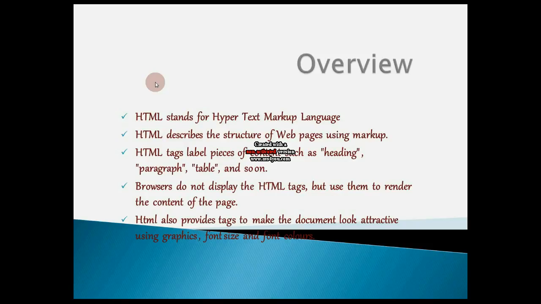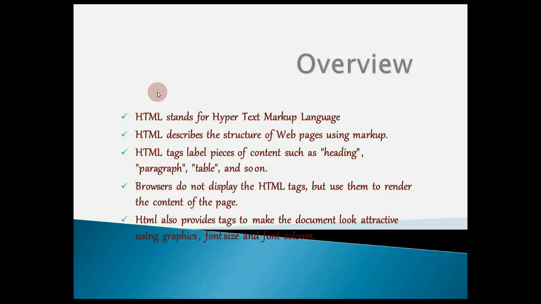HTML stands for Hypertext Markup Language. HTML is used to create internet web pages. It is simply a collection of certain keywords called tags that are helpful in writing a document to be displayed using a browser on the internet. HTML is a platform independent language that can be used on any platform such as Windows, Linux, Mac and so on.